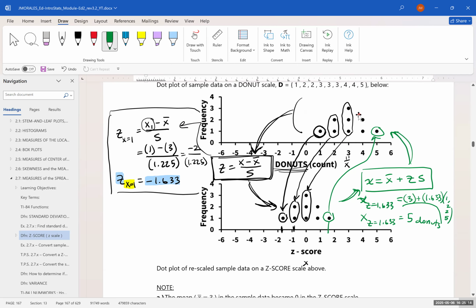Understanding this concept of converting data in just about any unit you can imagine into a z-score is a foundational idea that you're going to see over and over again throughout the rest of this semester in one way or another. And we won't be converting things into just a z-score. We'll be converting values into a t-score as well, a t-scale, and then we'll do it for a chi-squared scale and an f-scale.